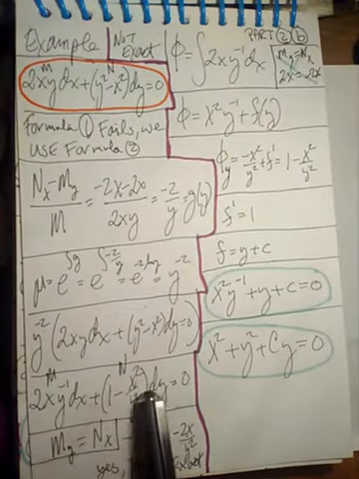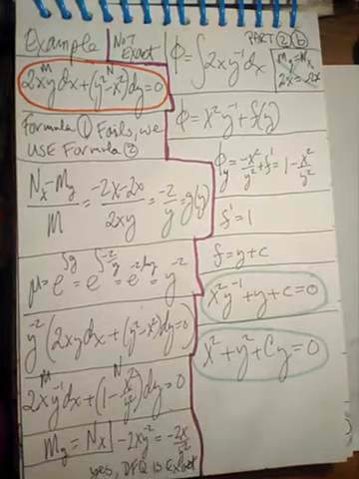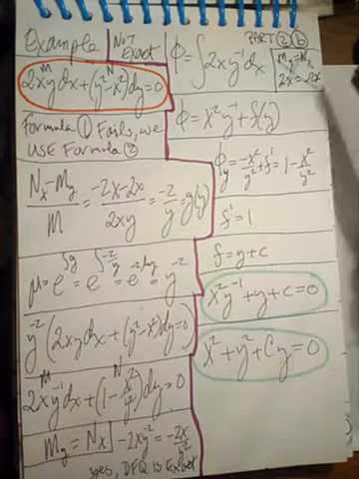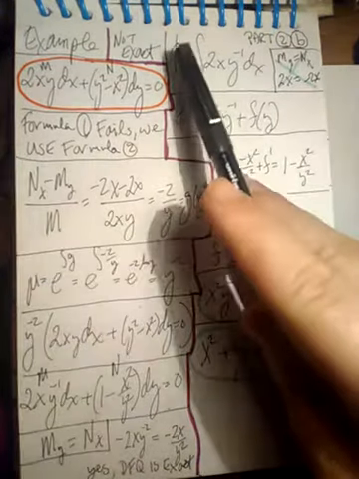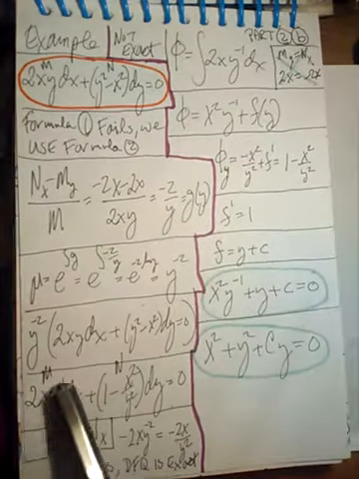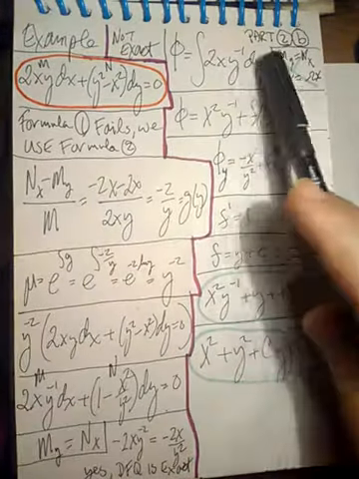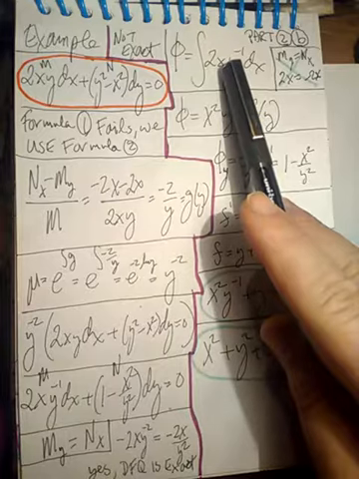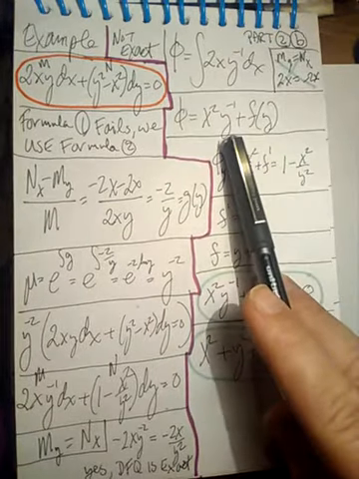So once we have an exact differential equation, we can use the method from lecture number 1: phi equals the integral of M dx. Do the integral of this with respect to x, you get this right here.